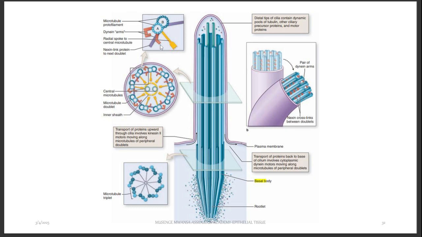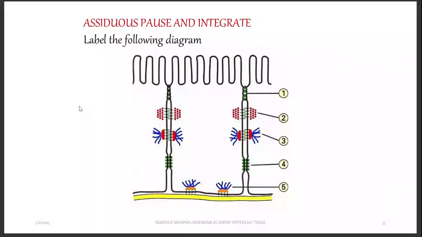If you look, you have got two microtubules in the center, and then you have got 9 groups of microtubules around. If you count these, they are going to be 9. That's what we call 9 plus 2. This arrangement is important for the movement of the cilia, because if you didn't have these two microtubules in the center, that is known as 9 plus 0, and such cannot allow for movement.